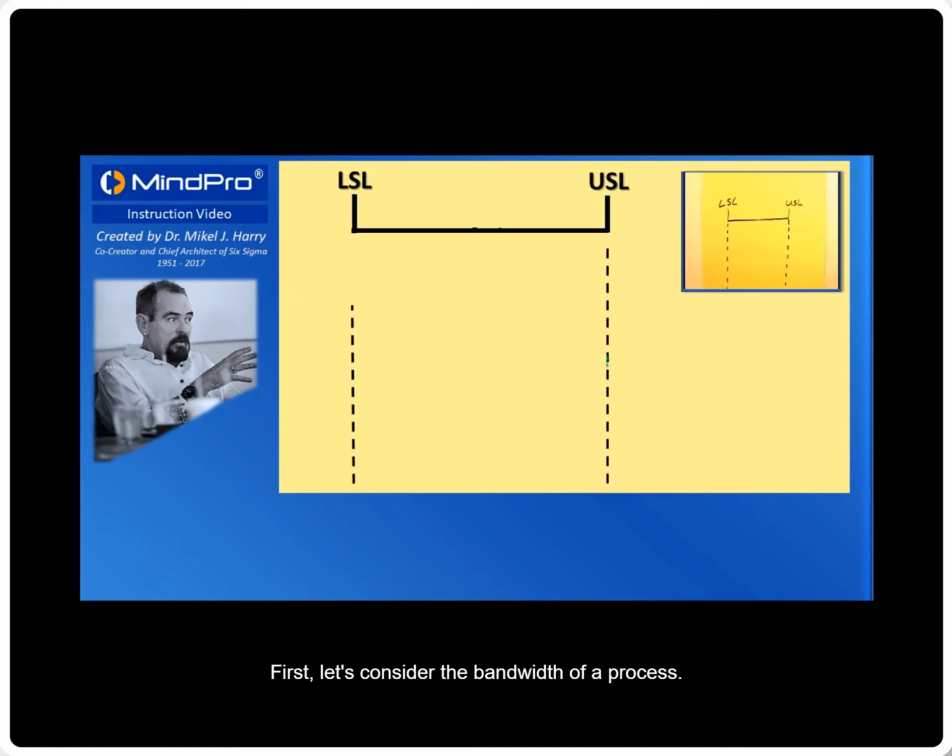First, let's consider the bandwidth of a process, the spread of the process.